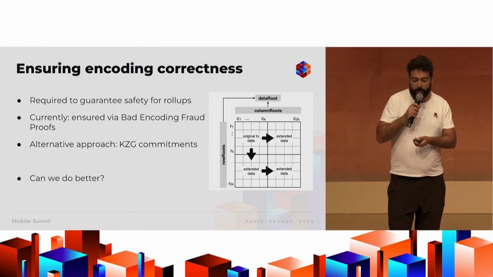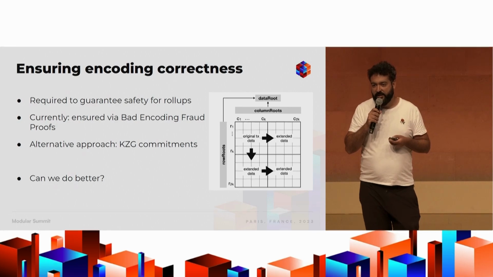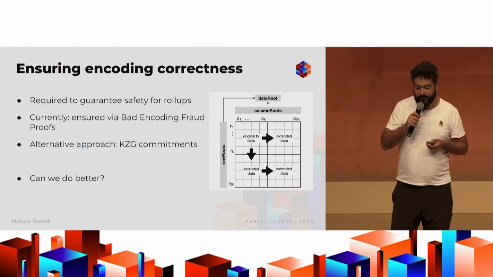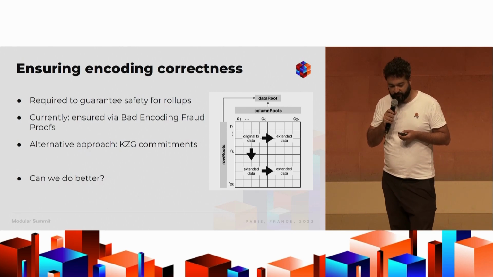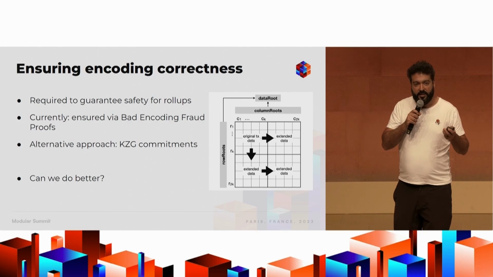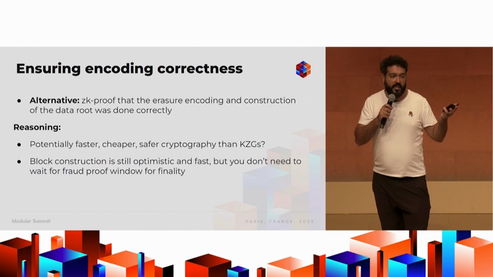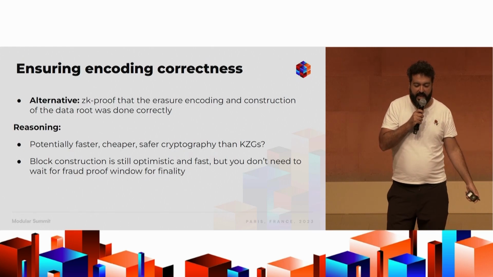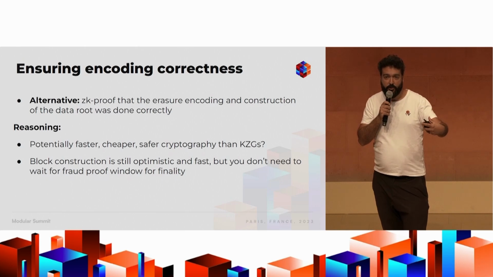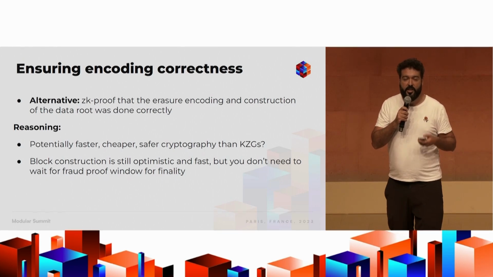An alternative approach is to use KZG commitments. I think if you saw Avail's talk yesterday, that's a technique they employ, which gets rid of the bad encoding fraud proofs. The question is, can we do better than this? I think we can. An alternative approach here is to use a ZK proof of the erasure coding, a ZK proof that proves to you that the erasure coding and the construction of the data root was done correctly.